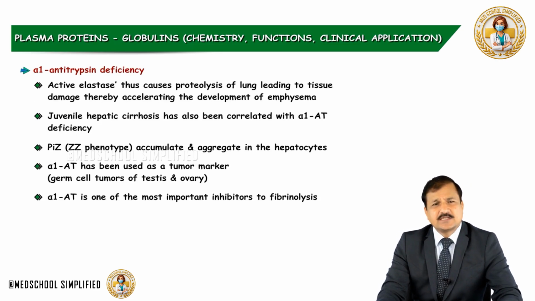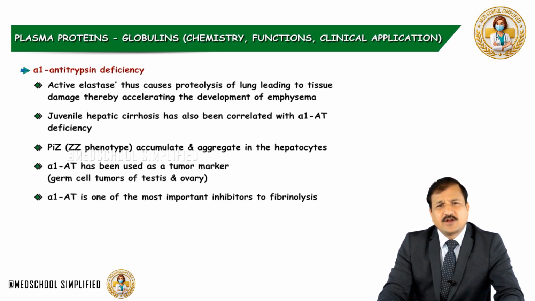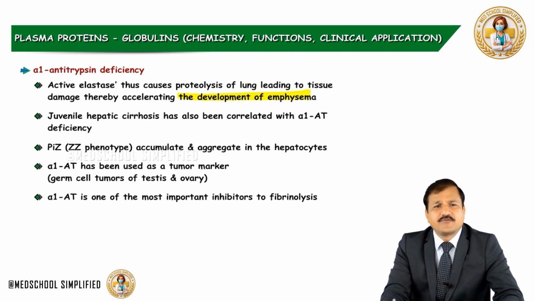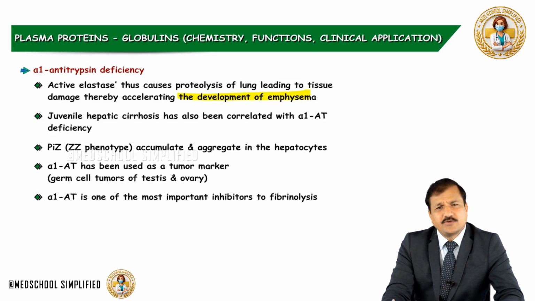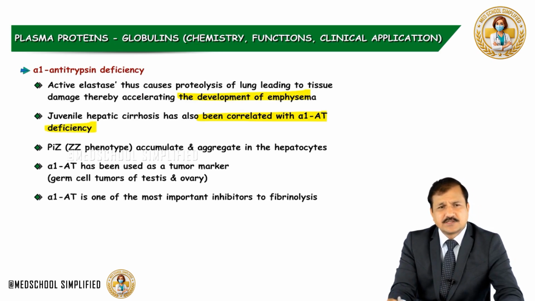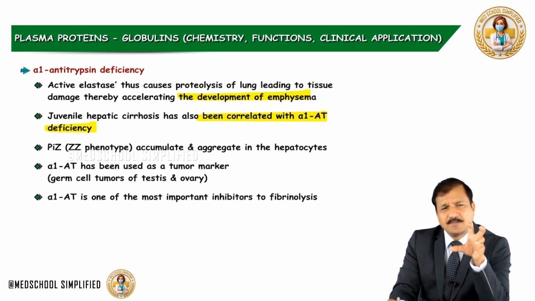Now, active elastase causes proteolysis of lung, leading to tissue damage, thereby accelerating development of emphysema. Patients also will develop juvenile hepatic cirrhosis, which has been correlated with alpha-1 antitrypsin deficiency, and that's because the abnormal form of alpha-1 antitrypsin will accumulate in the endoplasmic reticulum of the liver.